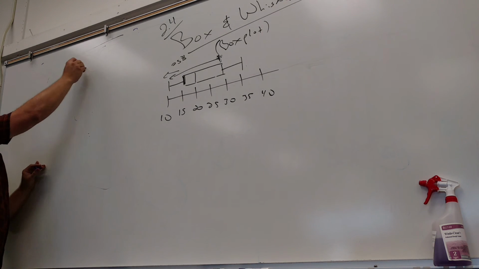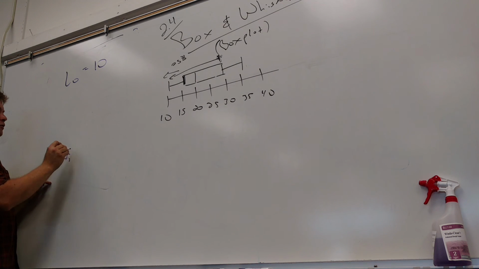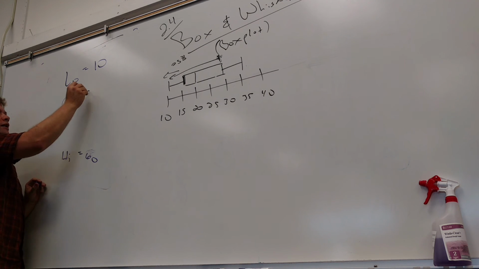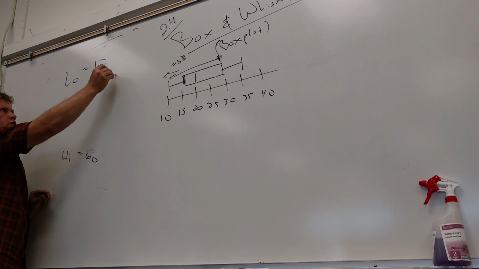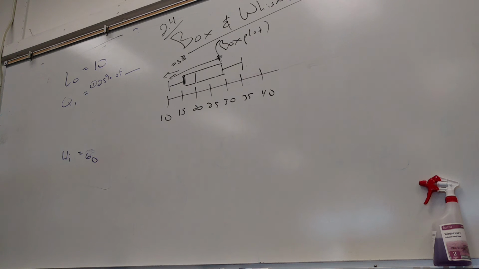What's the lowest haircut price? 10. The highest haircut price was 60? Oh, that's right. What's the Q1? How would I figure out Q1? What are the steps? 25% of 30, because it's how many data points there are, right? I'm going to go 25% of the way into the list.